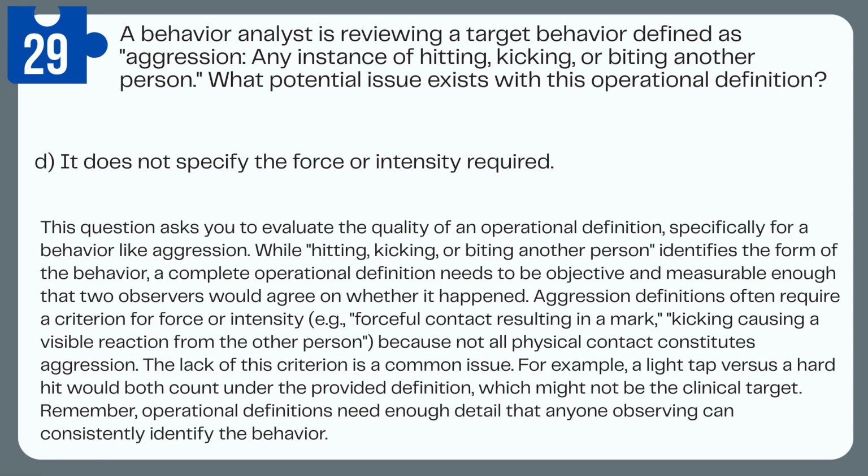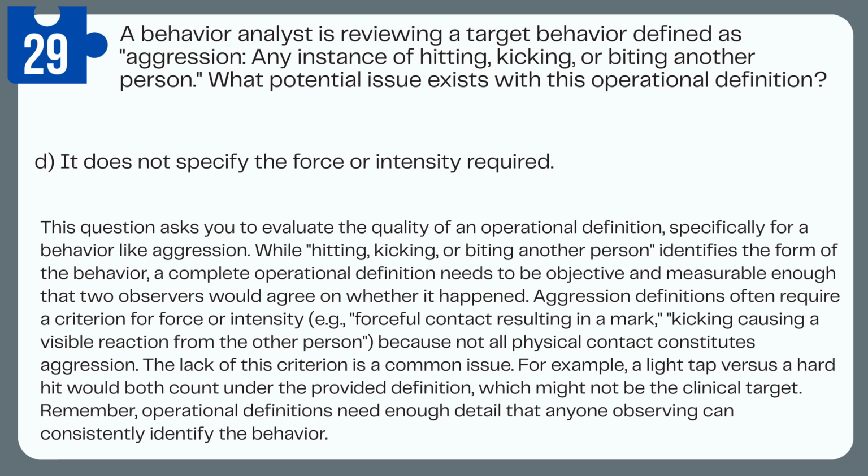Answer. D. It does not specify the force or intensity required. This question asks you to evaluate the quality of an operational definition, specifically for a behavior like aggression, while hitting, kicking, or biting another person identifies the form of the behavior. A complete operational definition needs to be objective and measurable enough that two observers would agree on whether it happened. Aggression definitions often require a criterion for force or intensity.